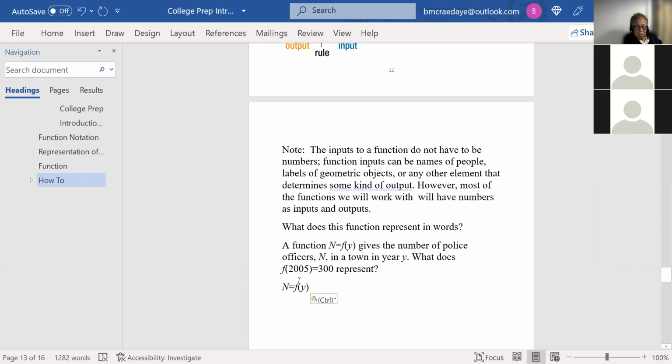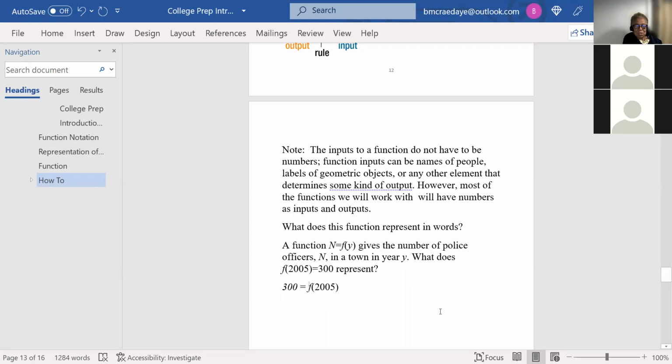Using 2005, the 2005 goes here. And the n is what? The 300. That's the number of police officers. So the number of police officers for 2005 was 300. So the 2005 represents the year that the number of police officers was 300. That's what that represents.